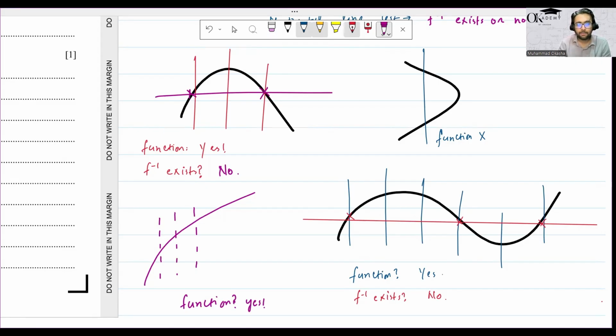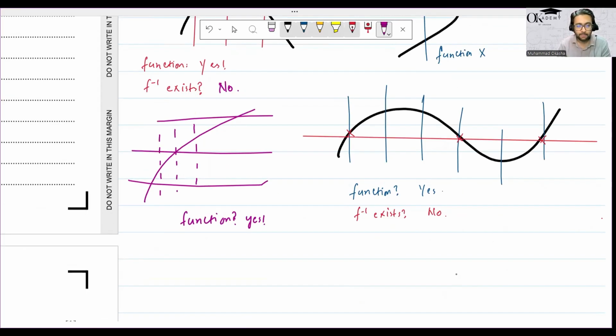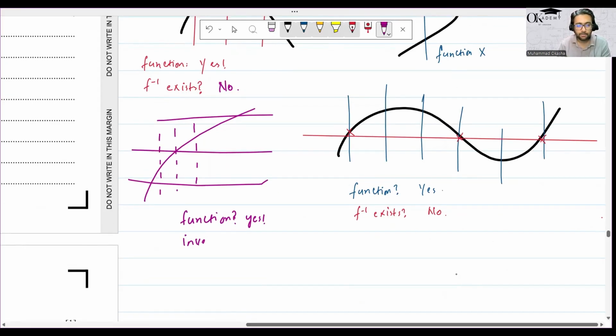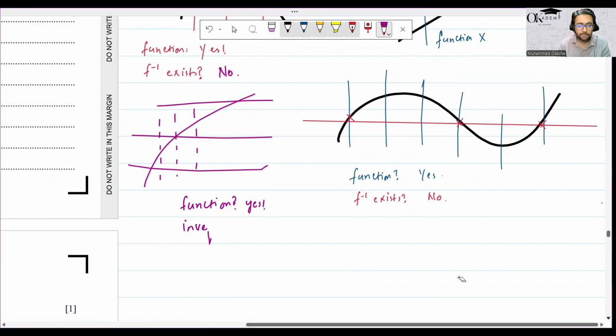Now let's run a different test on it. If I were to run a horizontal line test on it, it also passes the horizontal line test, which means that if I were to ask the question, does inverse exist? The answer would be yes.